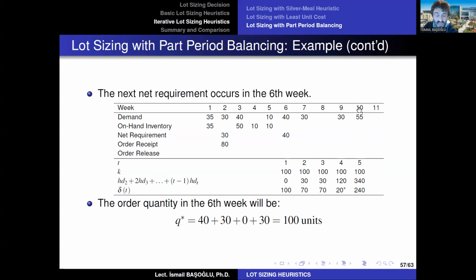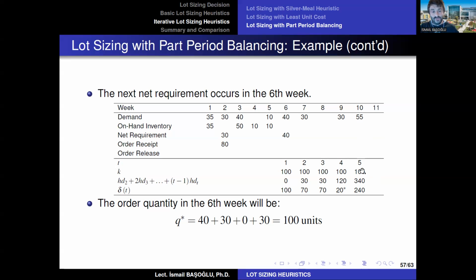If I introduce the demand in the 10th week to the order receipt that is planned in the 6th week, this 55 units of demand will be met by carrying these 55 units for about 4 weeks. That will introduce 55 times 4, $220 more to my carrying cost, and my carrying cost will be $340.